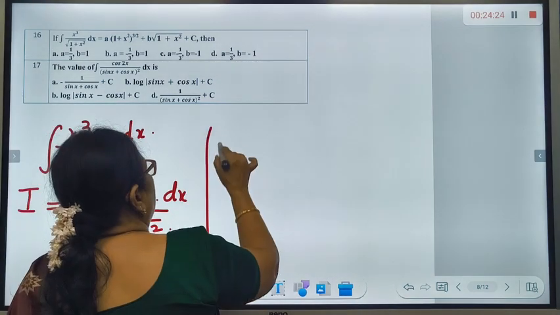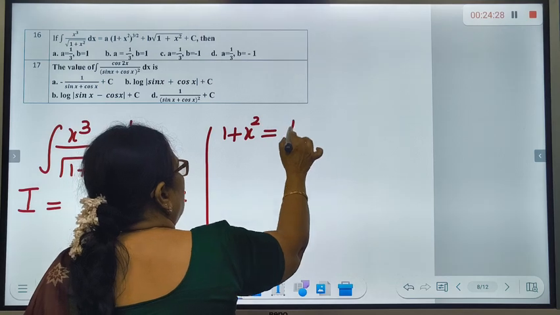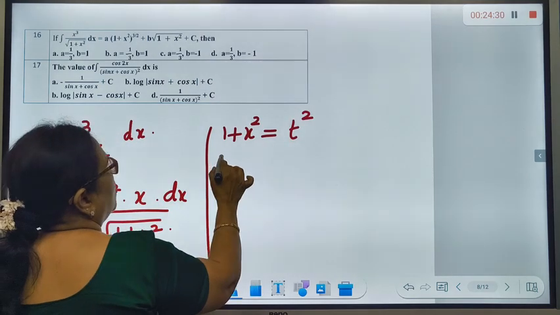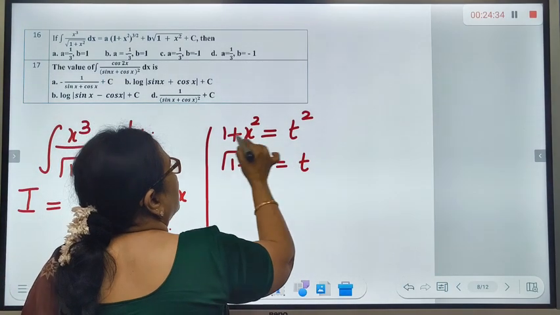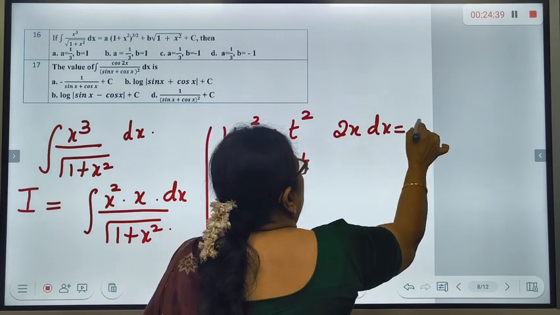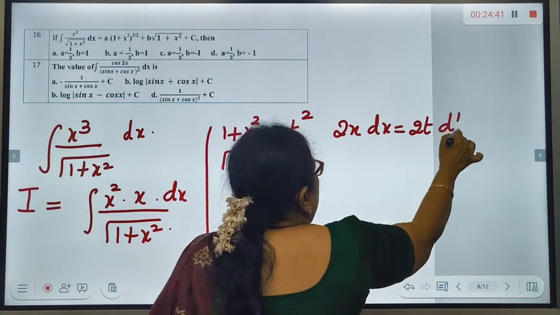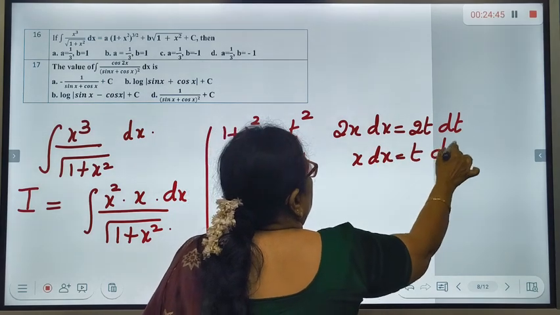Therefore, I can make use of substitution and write 1 plus x square equal to t square. So root of 1 plus x square will be t. Now, if I differentiate this, 2x dx is 2t dt, or x dx equal to t dt.